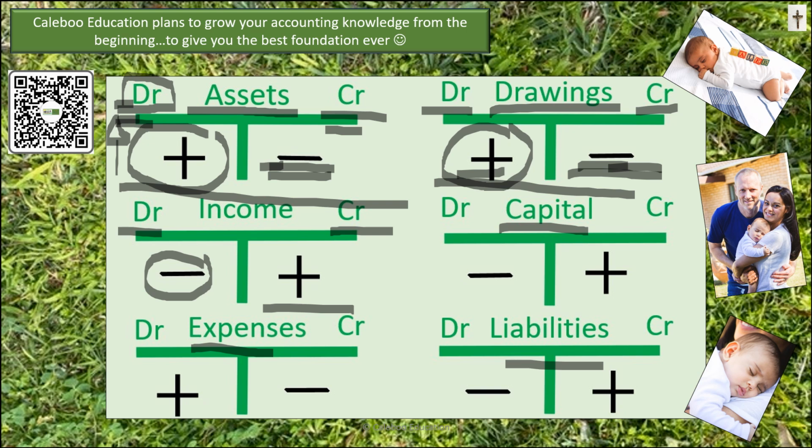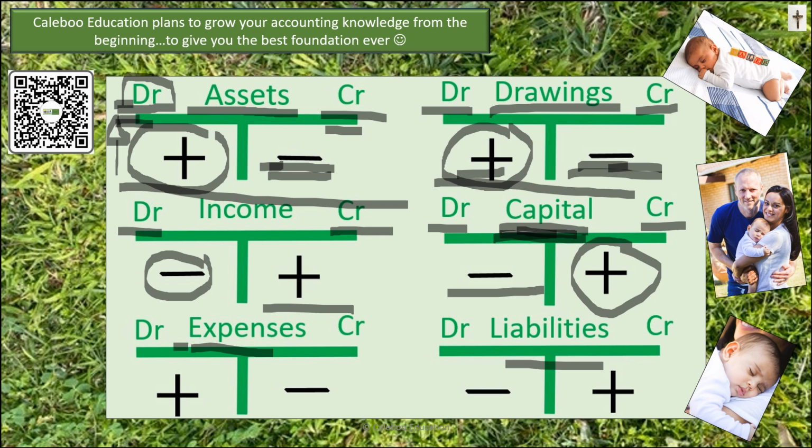If the owner puts more money into the business, there's a capital contribution or a vehicle into the business, whatever the owner puts into the business. If there's an increase in capital, the rule says the account is credited. And for whatever reason there might be a decrease in capital, the account will be debited.